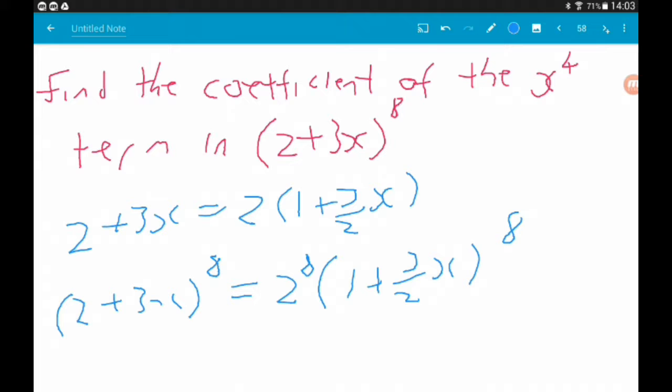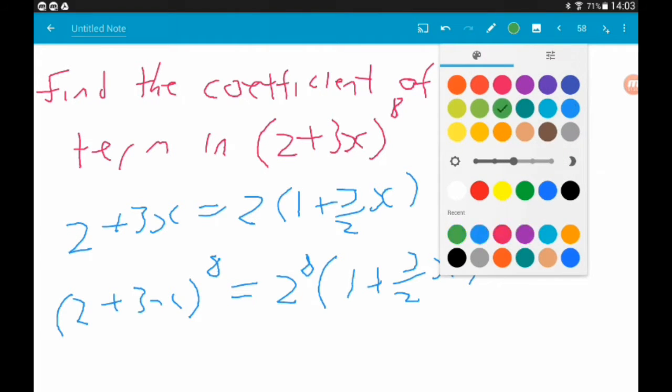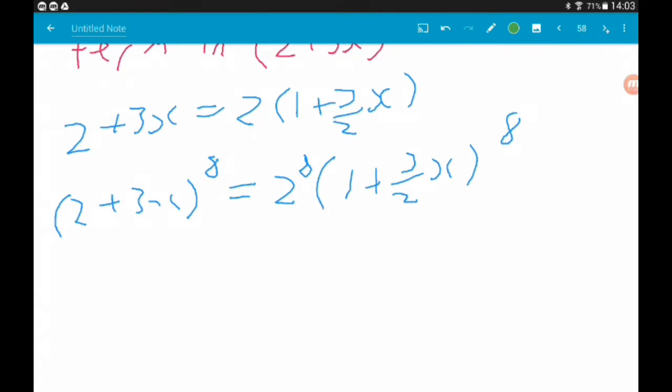But we're not going to do that. So what we want is only the x to the power 4 term. So, first up, we just find the x to the power 4 term of the expansion of 1 plus 3 halves x to the power of 8. When we find that, we then have to multiply it by 2 to the power 8.